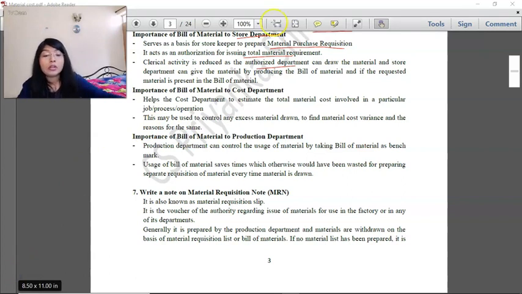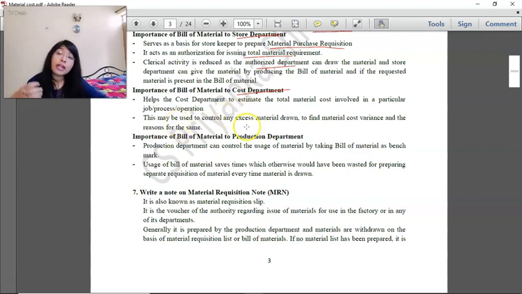Next, what is the cost department going to do with this bill of material? It will help them to determine the total material cost which is involved in production of a particular job or a process. Now it will also help you in doing the inventory control. Okay, it will help you to find the material cost variance. What do you mean by variance?